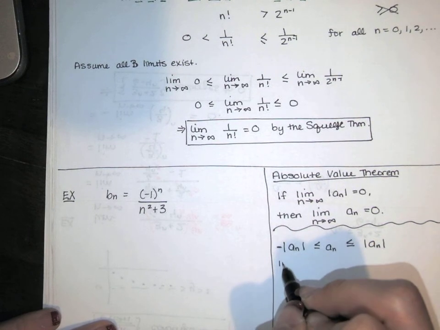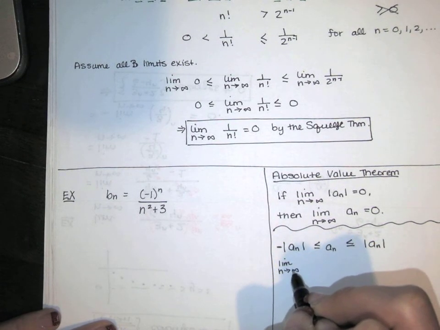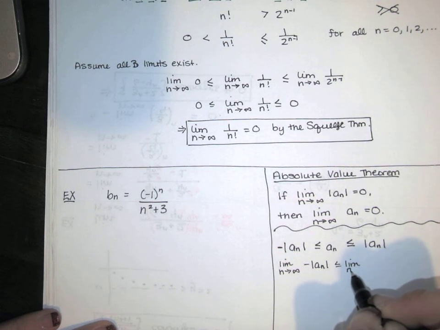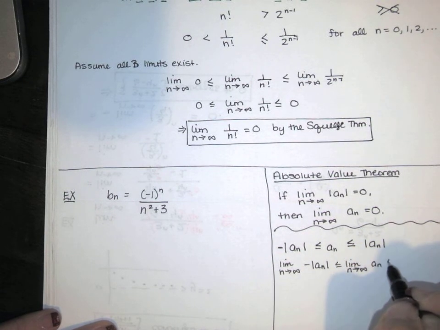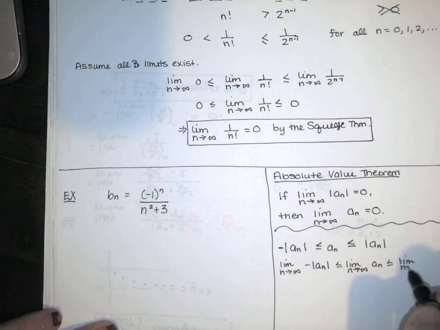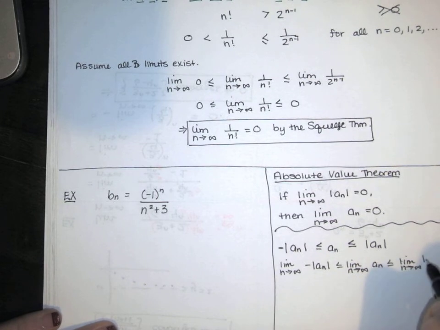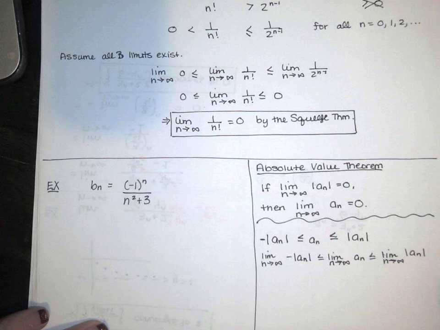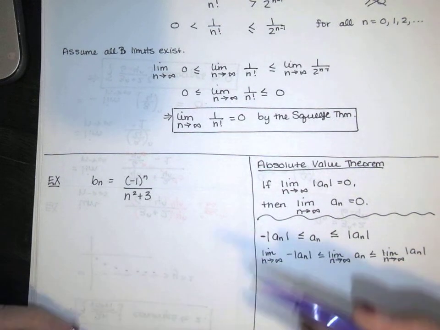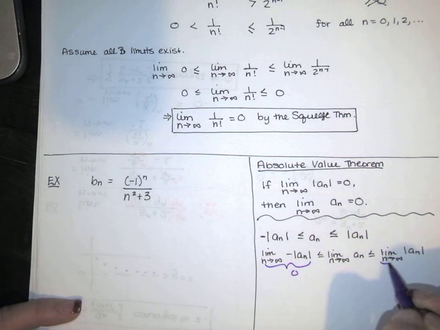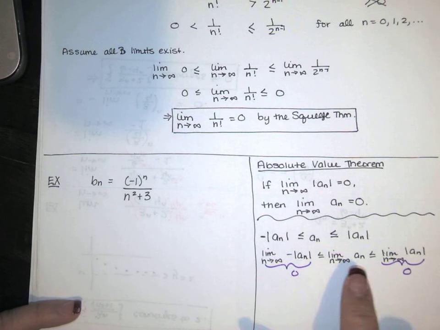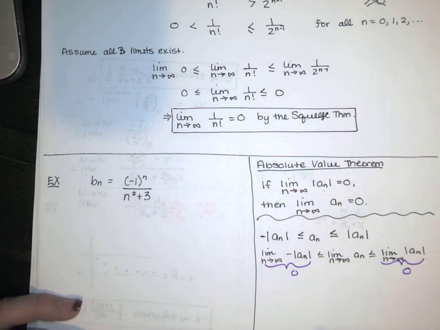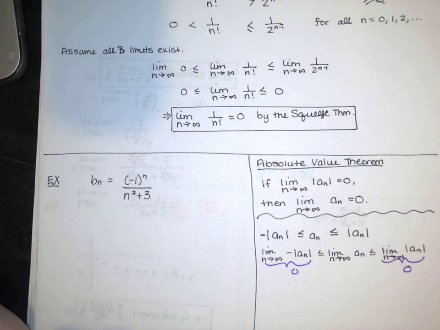So by the squeeze theorem, when I take the limit as n goes to infinity of this side, and the limit of my middle sequence, and the limit of that larger sequence, graphically it's going to be the top sequence, the one that's above the other two sequences. If this guy goes to 0, and this guy goes to 0, and this limit is simultaneously greater than or equal to 0 and less than or equal to 0, then this limit has to be 0 as well.